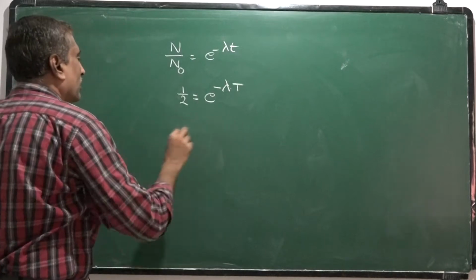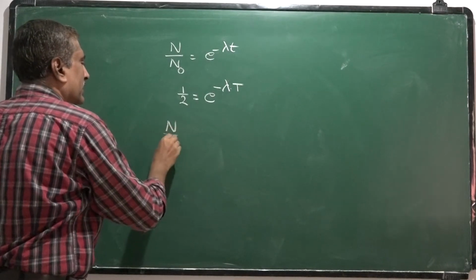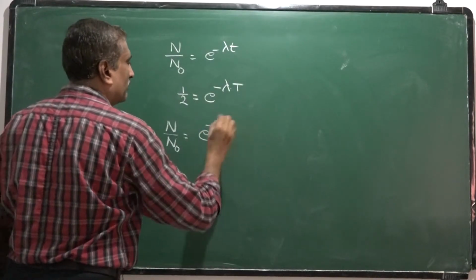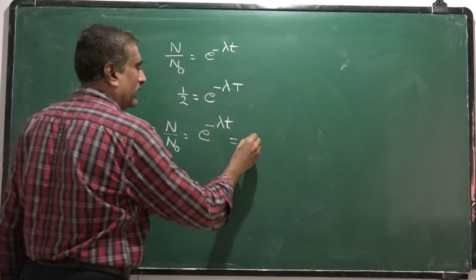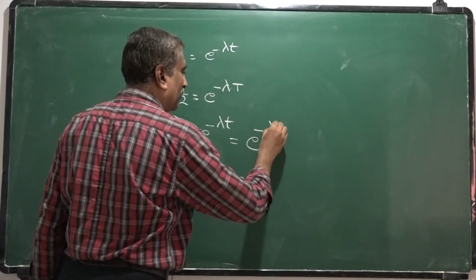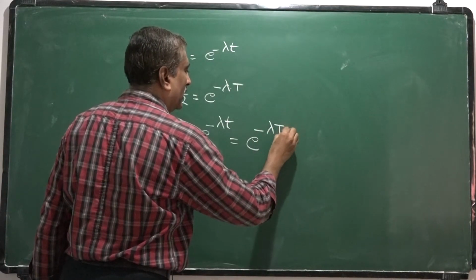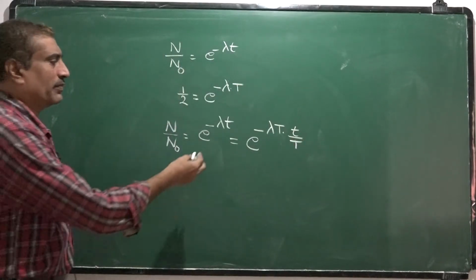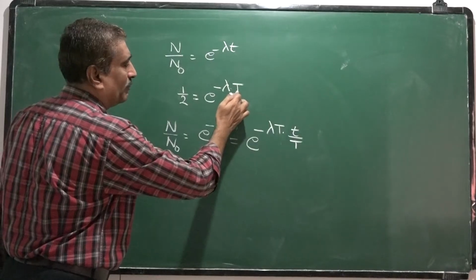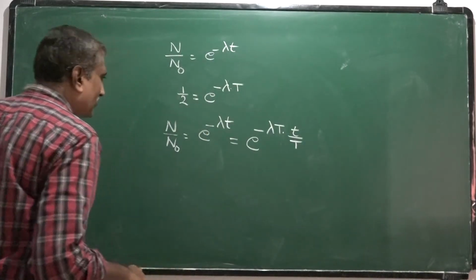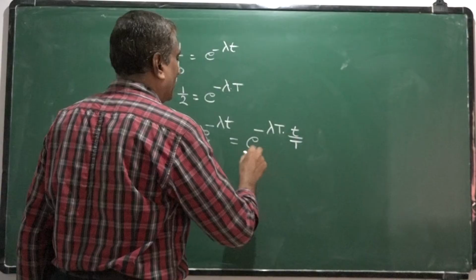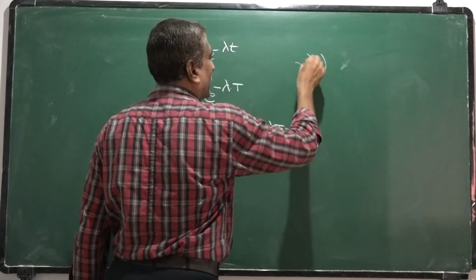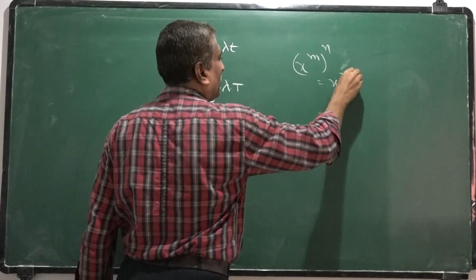Okay. Now for any reaction N by N0 is equal to e power minus lambda t. Now this can be written as e power minus lambda capital T into t by T. We can write like this. Suppose if it is x to the power m to the power n, it is x to the power mn, as we know.